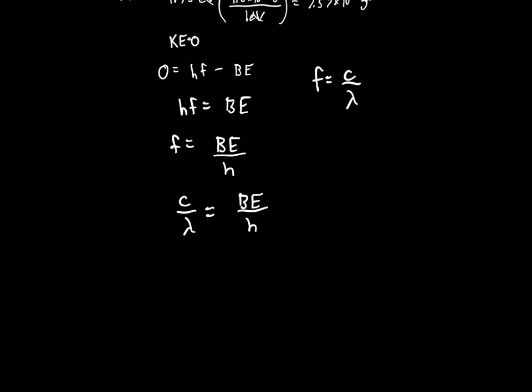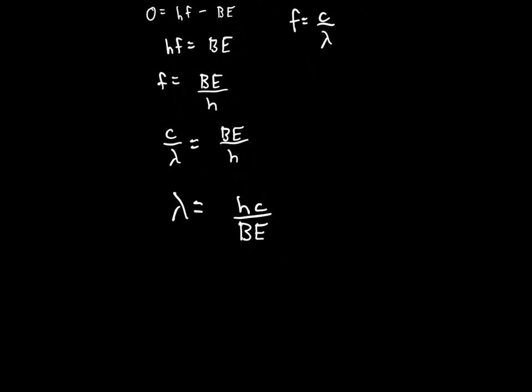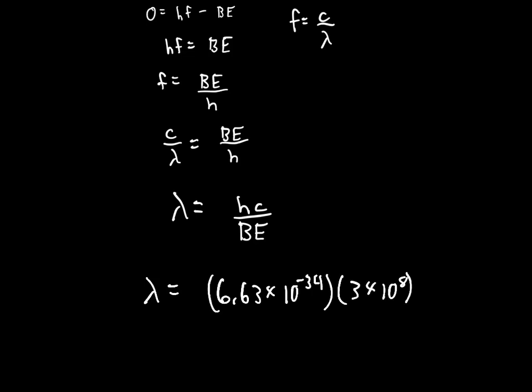Get my lambda by itself. Multiply my lambda to the other side, and then shift the H into BE back over. So my lambda becomes H times C divided by BE. So my wavelength is going to be 6.63 times 10 to the negative 34 times the speed of light, 3 times 10 to the 8th, all divided by the binding energy.